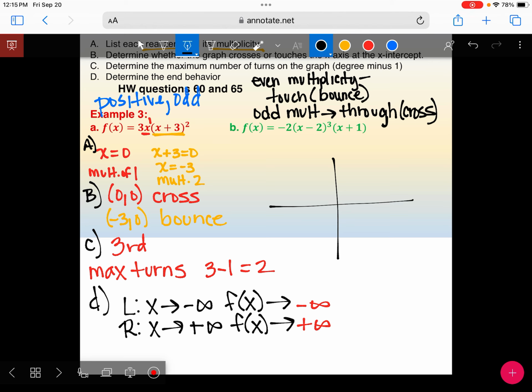The first thing, we already know that it only crosses the x-axis where? What did we say for part A? Where are my two x-intercepts going to be? At 0 and where else? Negative 3.